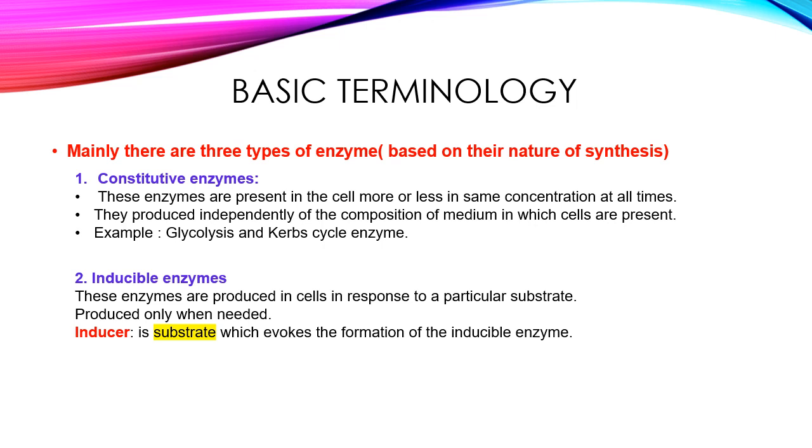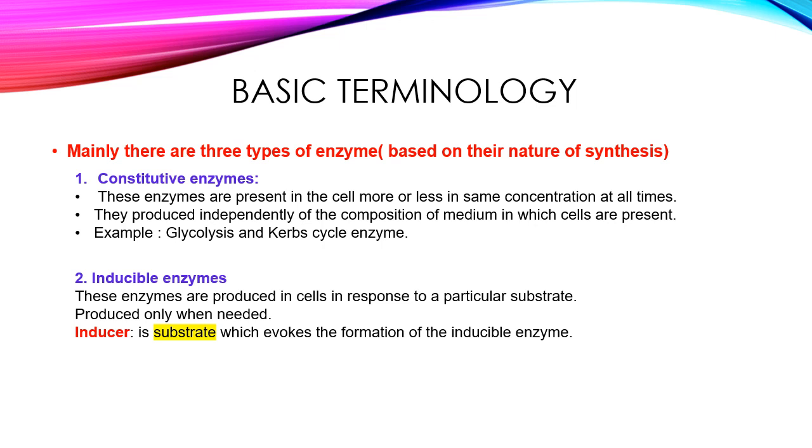When a particular substrate comes into the cell, the production of these inducible enzymes is triggered. So you can tell that these inducible enzymes are produced only when the cell needs them, and only when a particular kind of substrate is present inside the cell.